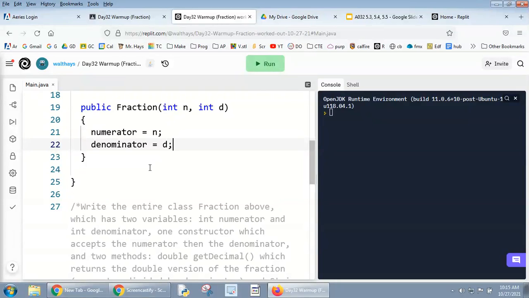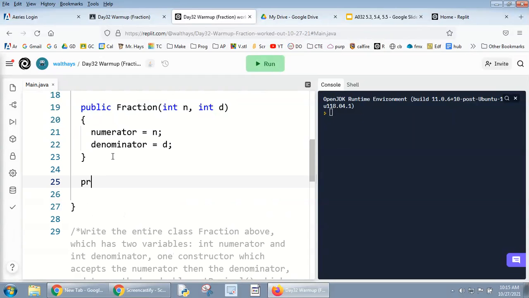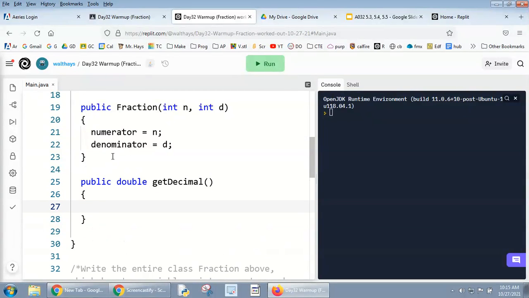Double getDecimal. So, public double getDecimal. And this returns the decimal version of our fraction. And you can do 1.0 times n divided by d.